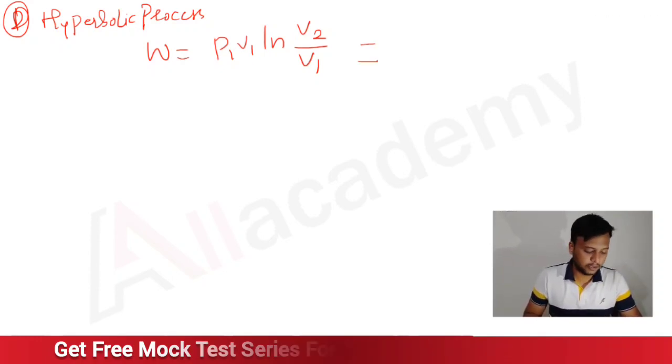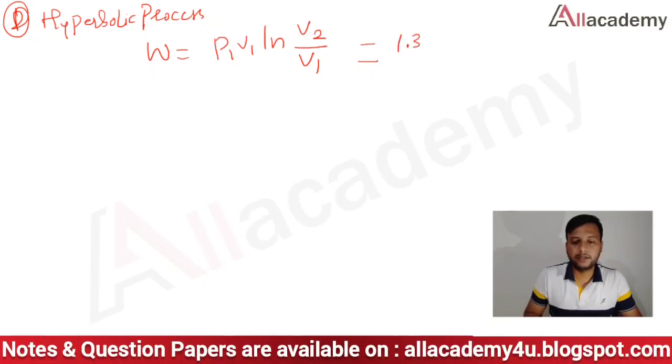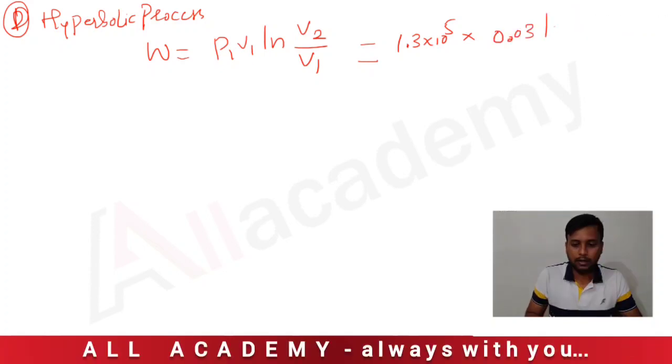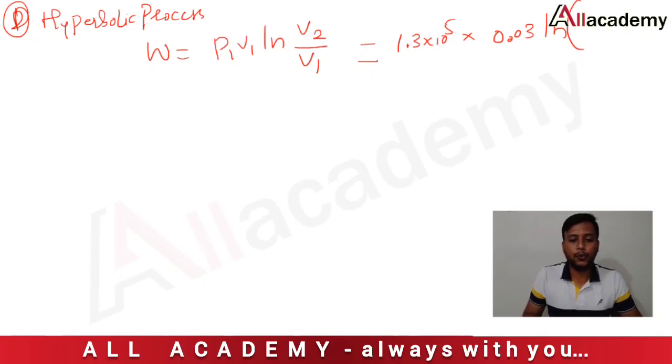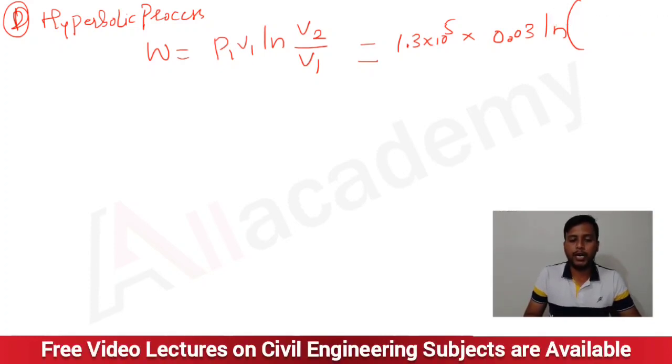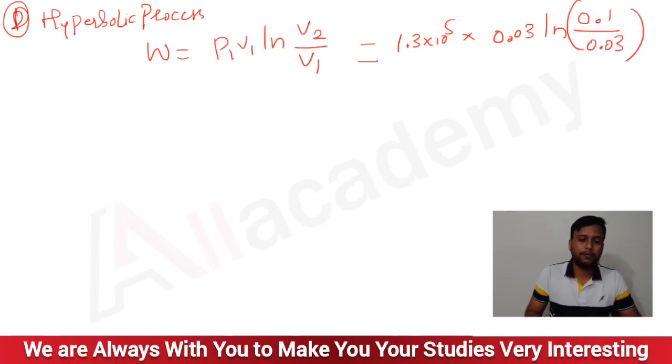P1 is 1.3 into 10 raised to 5, V1 is 0.03, ln of V2 by V1, that is 0.1 divided by 0.03.